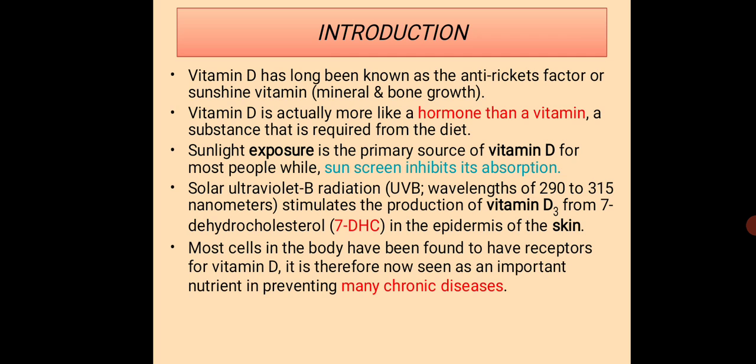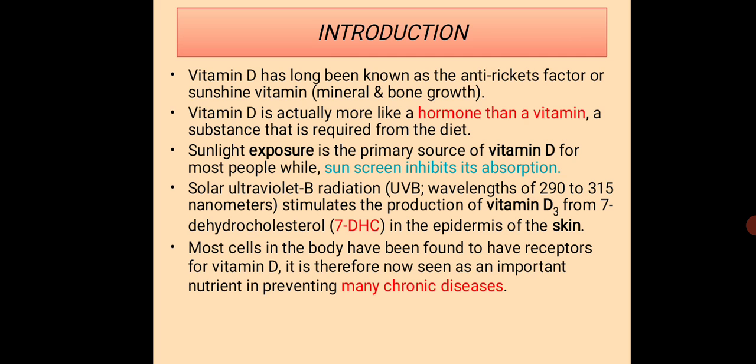Sunlight exposure is the primary source of vitamin D for most people, while sunscreen inhibits its absorption. Solar ultraviolet B radiation, UVB wavelength of 290 to 315 nanometers, stimulates the production of vitamin D3 from 7-dehydrocholesterol, 7-DHC, in the epidermis of the skin.